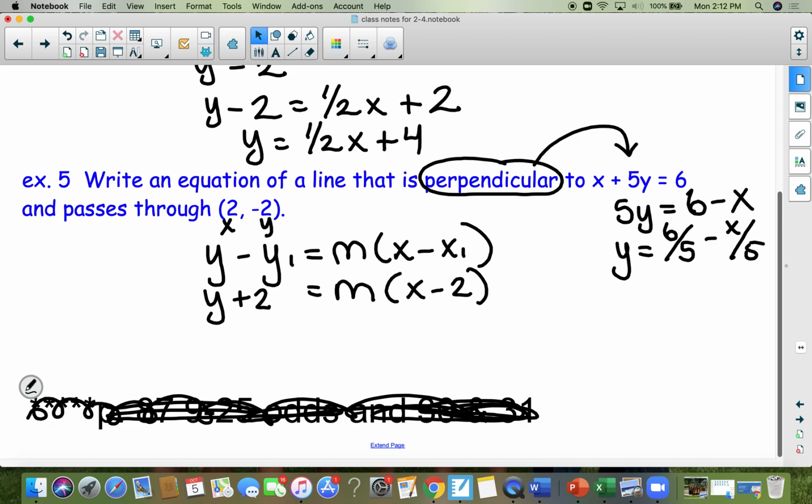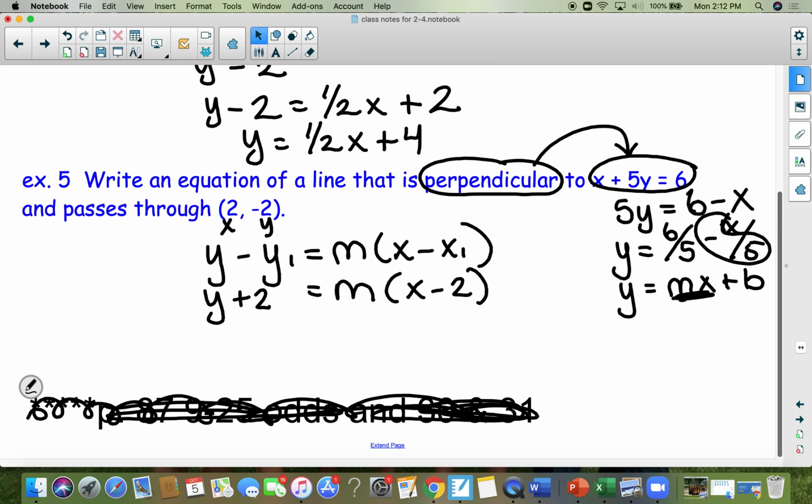Okay, so once I get y alone, it's going to look like y equals mx plus b. The number in front of the x is called the slope. Well, a negative 1/5 is in front of the x, but it needs to be perpendicular. If it's perpendicular to a negative 1/5, it's the opposite reciprocal.